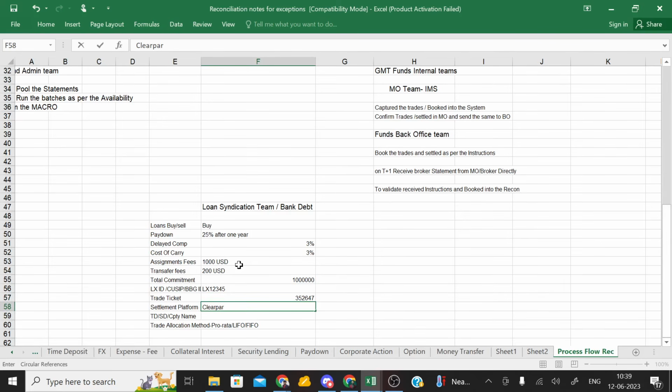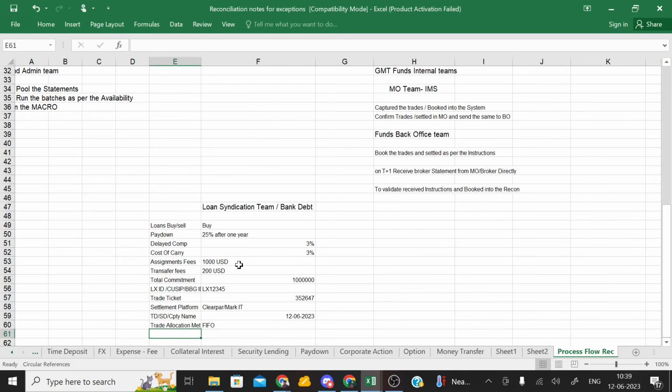ClearPar is the market where most of the trades get settled. Trade date, let's say executed today, and the settlement date is not yet decided. Allocation will be on the basis of pro rata. Okay, let's say FIFO. FIFO is a good method.